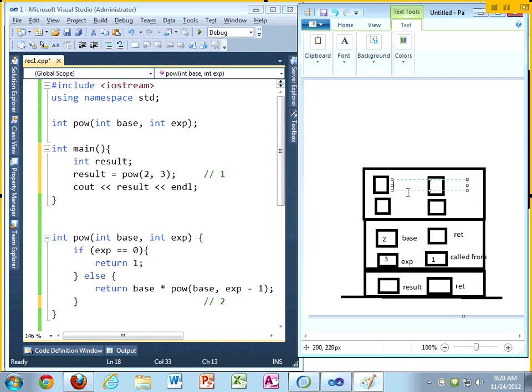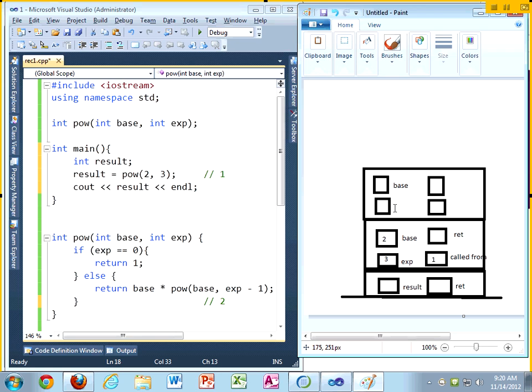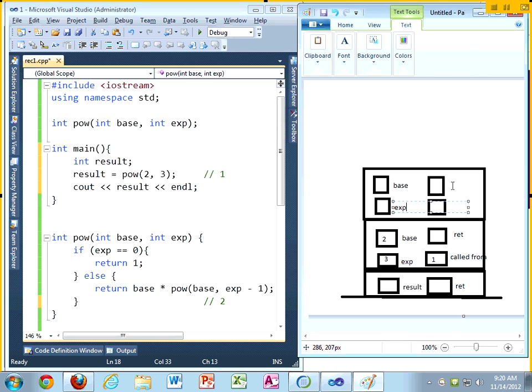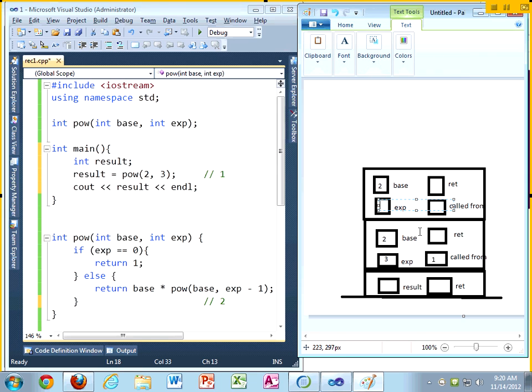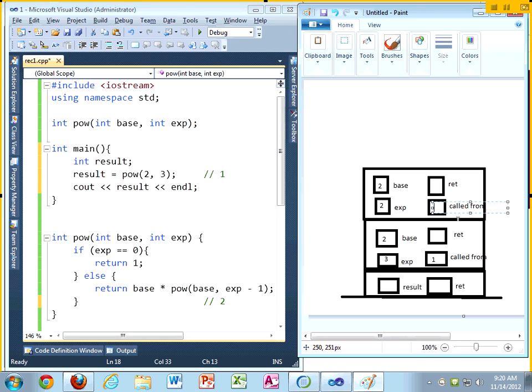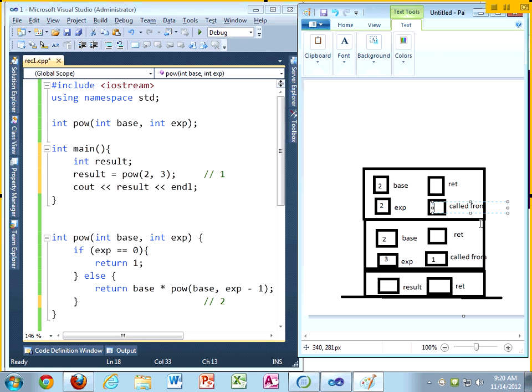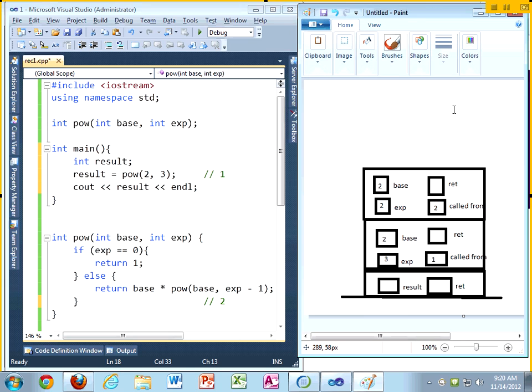They're going to be called the same that they were before. Base, exponent, return, called from. Okay, what's base? 2. What's exponent? Exponent's 2 now, right? I'm waiting for my return, and this is called from place 2, right?